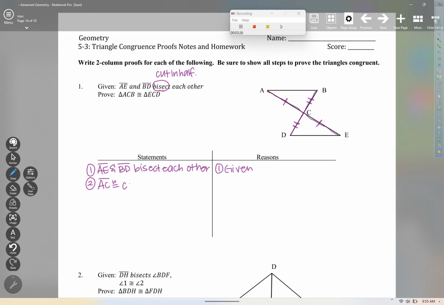And why could I say they were congruent, right? Well, it's always in the given is my example here. So it said AE and BD bisect each other. If you look at your reasoning list, there is one of them that refers to definition of bisect or definition of bisector, which is the reasoning here.